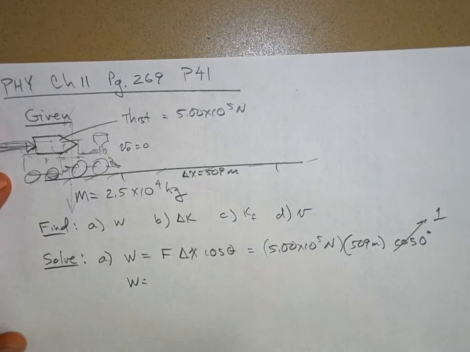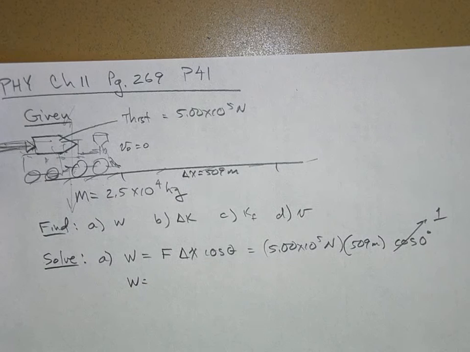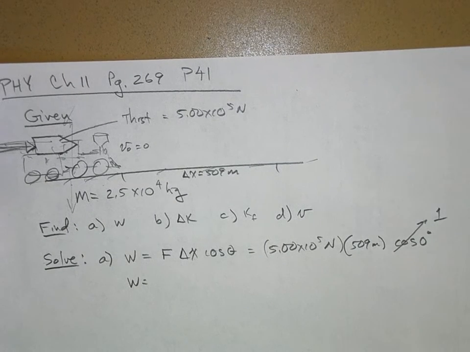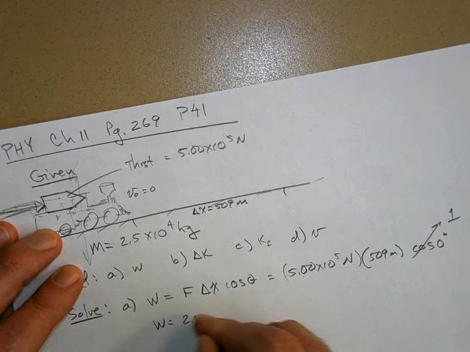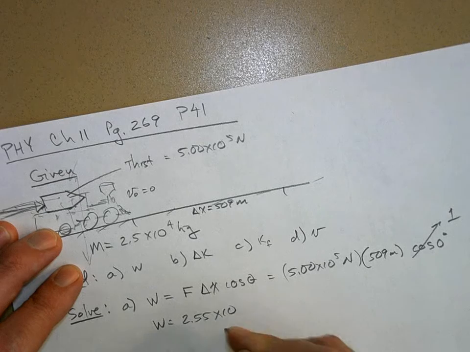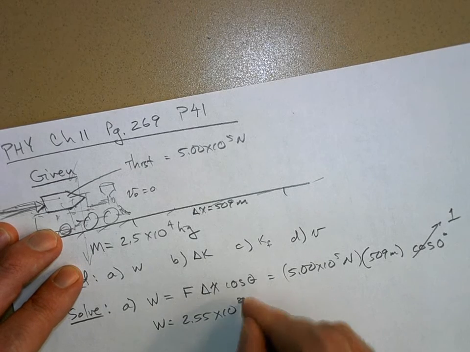So the work done is equal to, where's my calculator? Oh, there it is. 5 times 10 to the 5 times 509 equals 2.55 times 10 to the 8 joules.